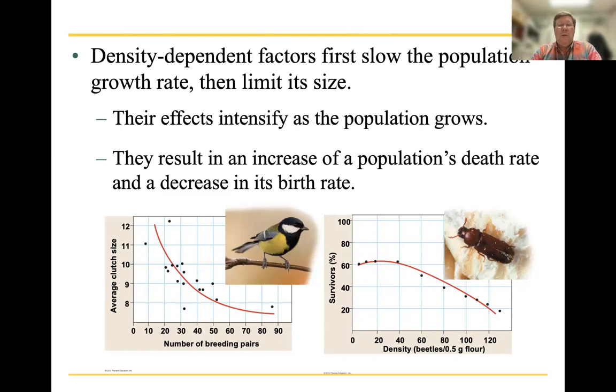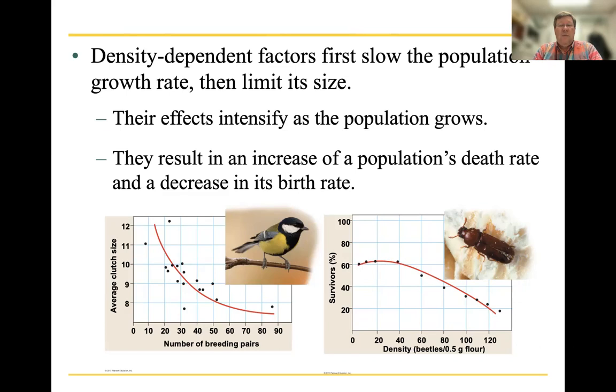so many in only a small amount of flour, you'll find that under normal conditions, their survivorship is around 60%. But then when you increase numbers above 40, that's sort of a threshold here, then the numbers dwindle and the survivorship goes way down. So if you have 120 of these beetles, then you just cut your survivorship into 3.